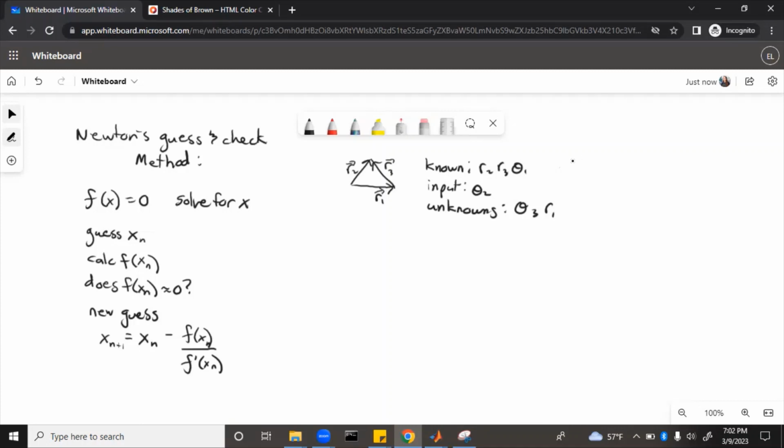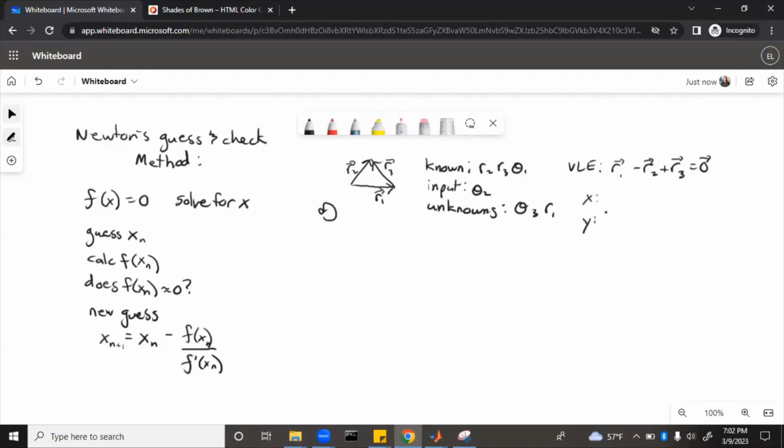And we had our vector loop equation, which if we go counterclockwise around the loop, R1 minus R2 plus R3 equals 0. And then we split those up into our X and Y position scalars.